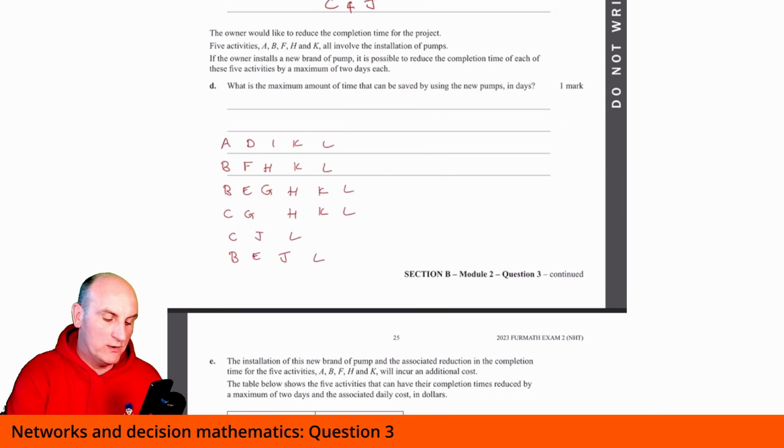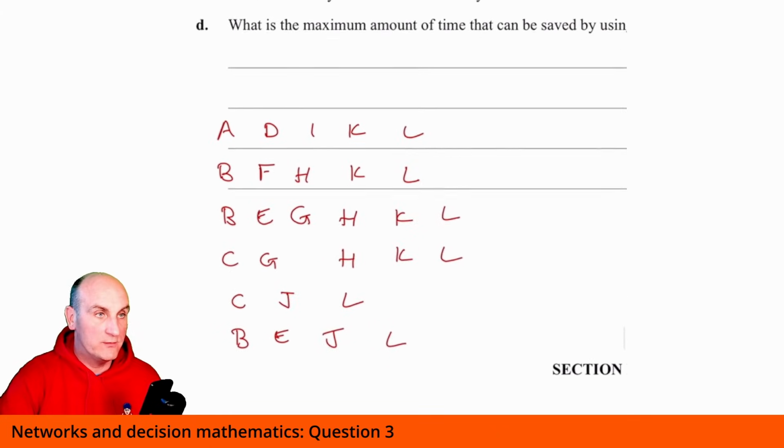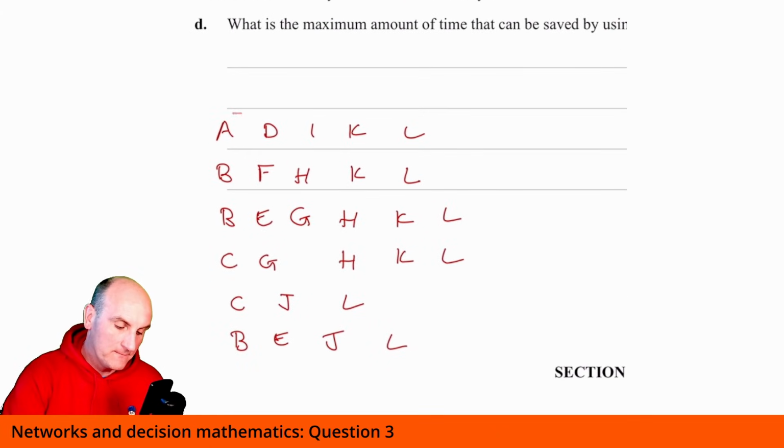What am I now going to do? I write all the numbers on it. I'm going to write it in a different color just so that I can see. Let's zoom in for a moment. So A is 7.